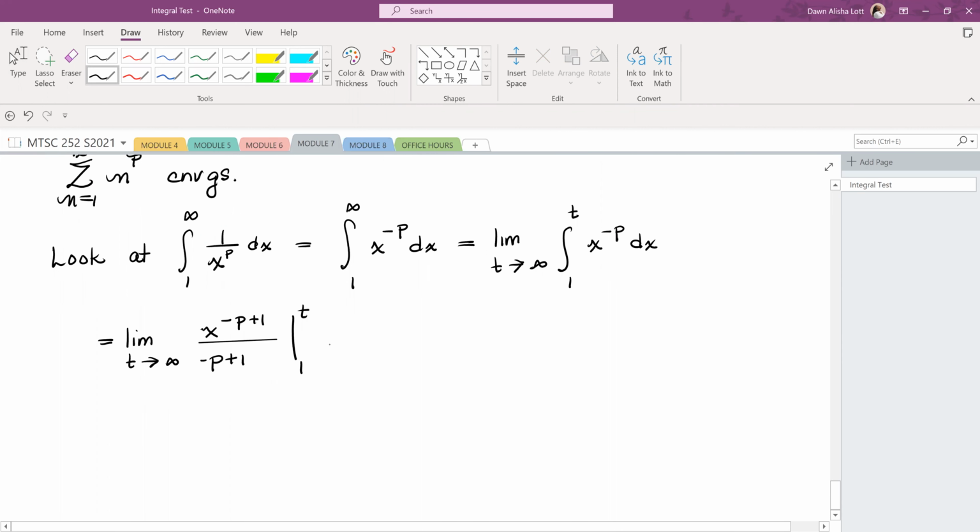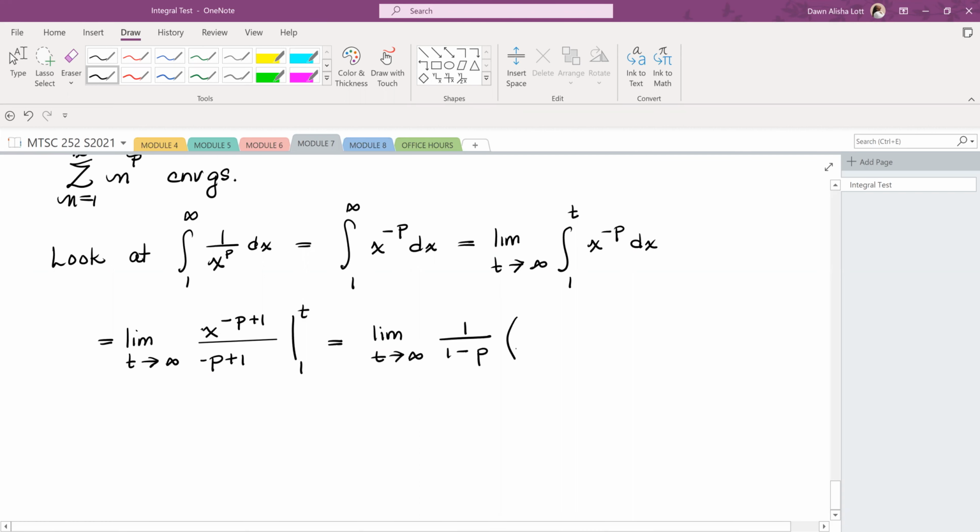And then that gives us the limit as t approaches infinity. I'm going to take out the 1 over 1 minus p. And then I'm going to put in, yeah.